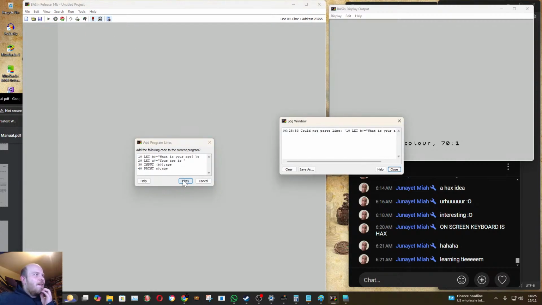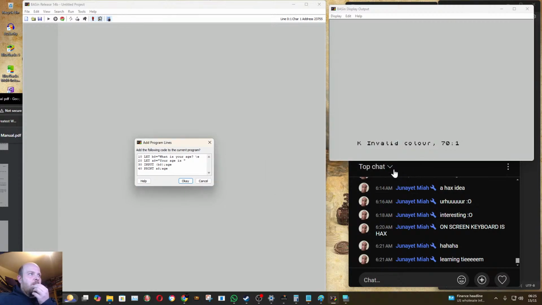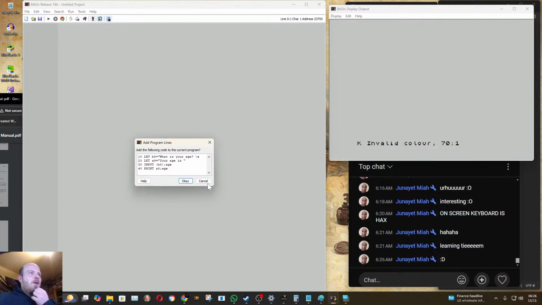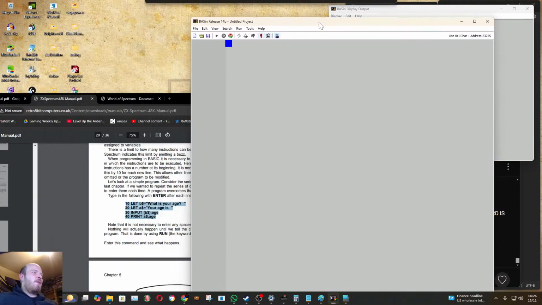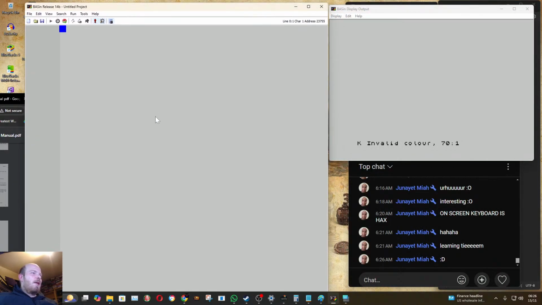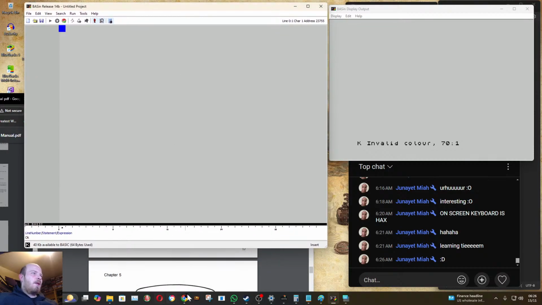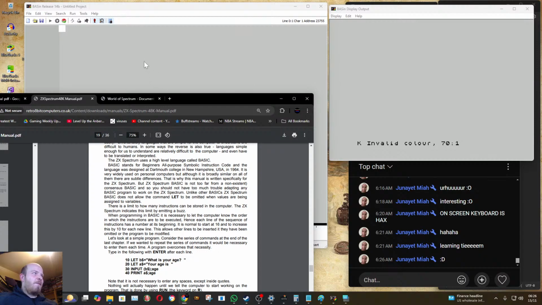Oh, okay. Ah, this end E is an issue. We can type it in what it says. So I just need to make that a little bit smaller. Because this will work, because it's in the book, right?